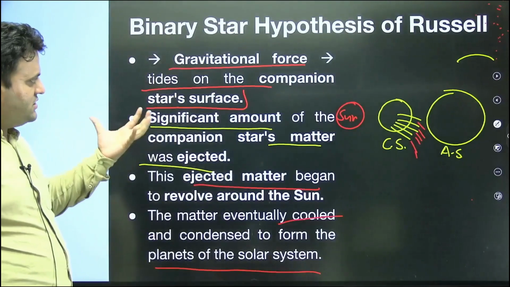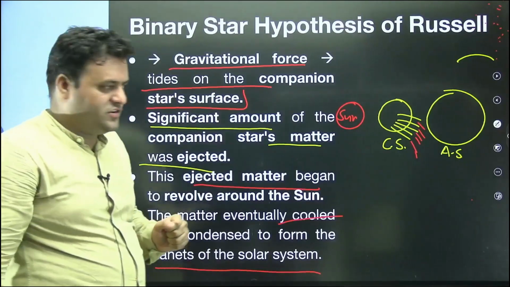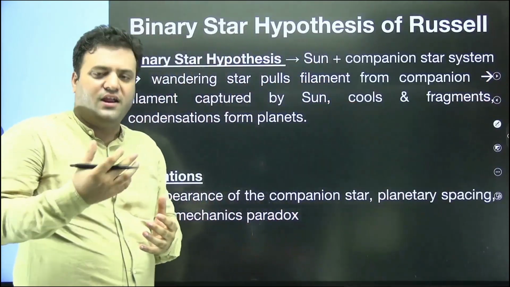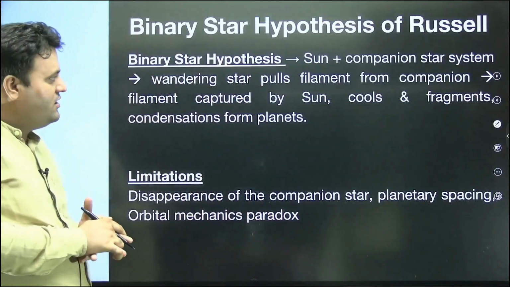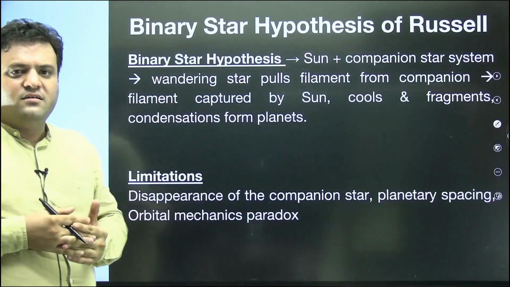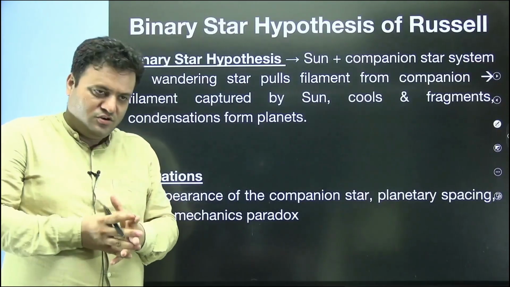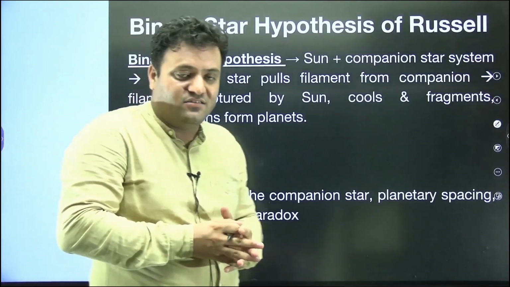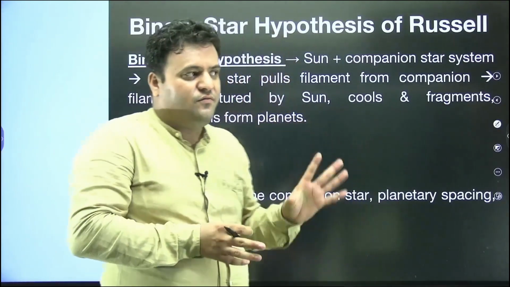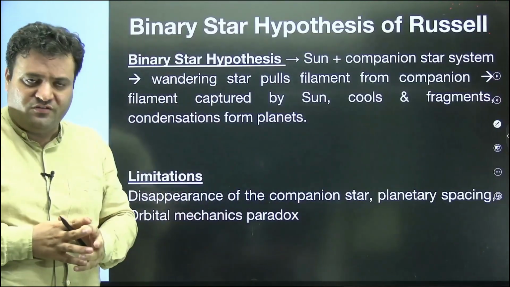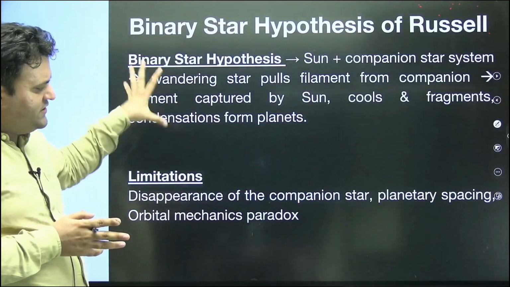So this is basically the binary hypothesis, a further refinement of the planetesimal theory. The cause which was tried to be explained by the Jean and Jeffrey theory was further validated by the binary star hypothesis of Russell. So this is the crux.